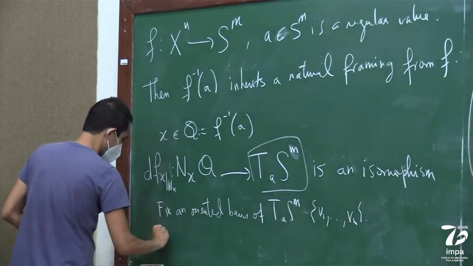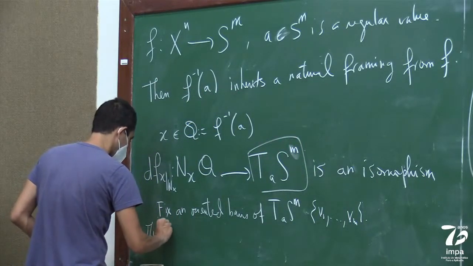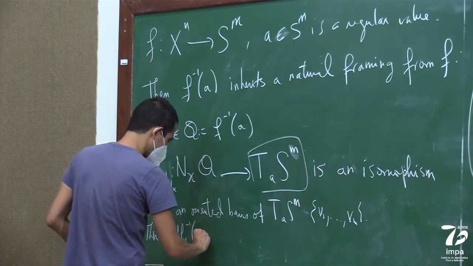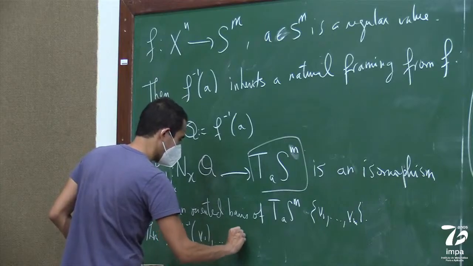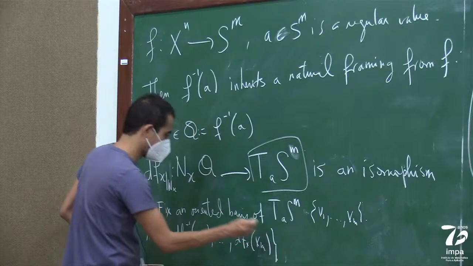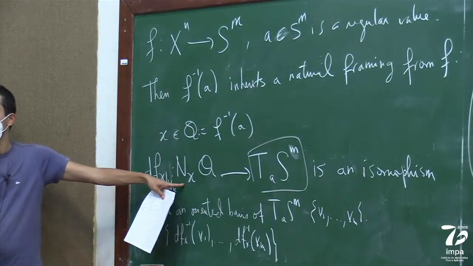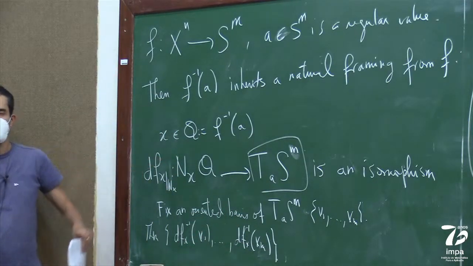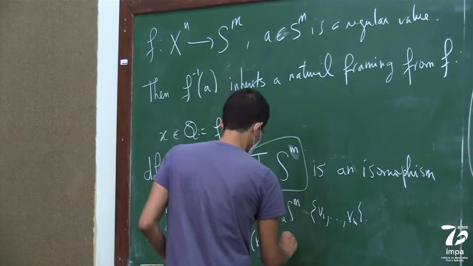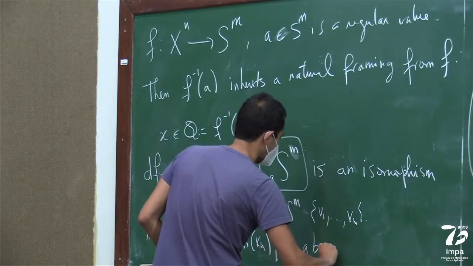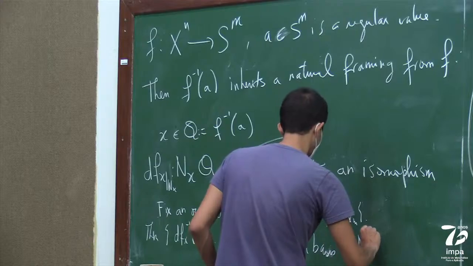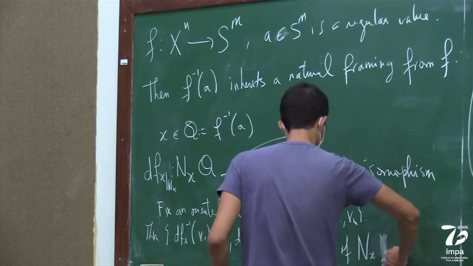And then df_x inverse of e1 through df_x inverse of em will give me the desired basis that trivializes the normal bundle, a basis of N_x Q.